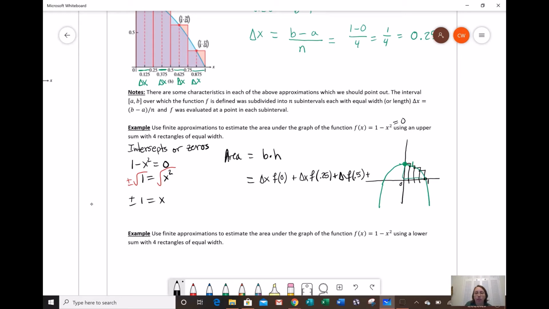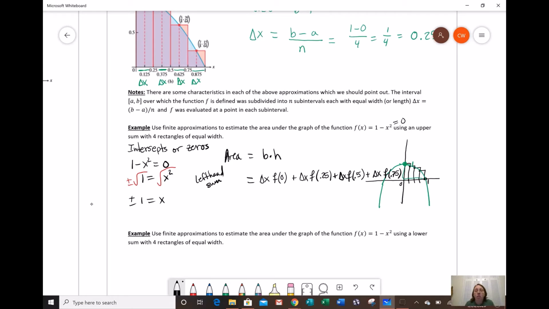Plus delta x times f of, another 0.25 added, 0.75. So I'm just using these values, 0, 0.25, 0.5, and 0.75 as what we plug into the function. This is what we traditionally call the left-hand sum.